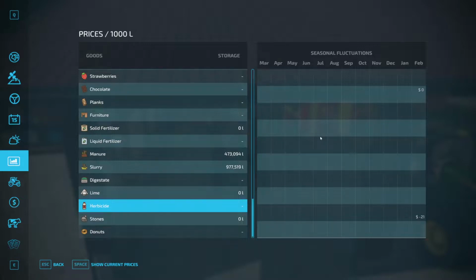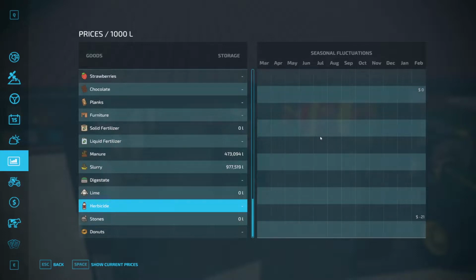You could either use one that's already in the game, or come up with your own, varying anywhere from, let's say, 0.8 in the winter when herbicide is in least demand, all the way up to, say, 1.2, 1.3 when herbicide is in its greatest demand in the spring.